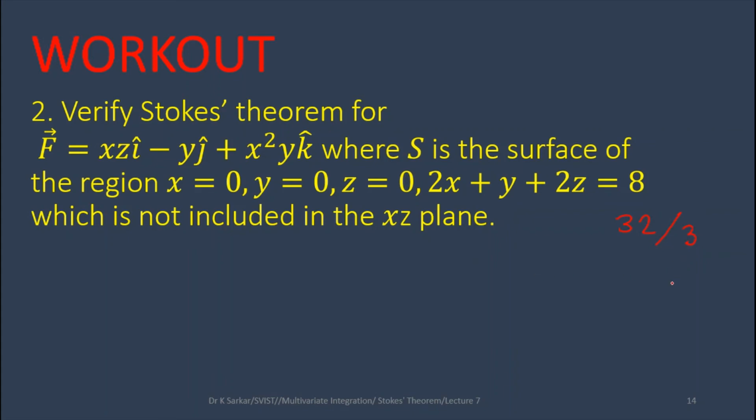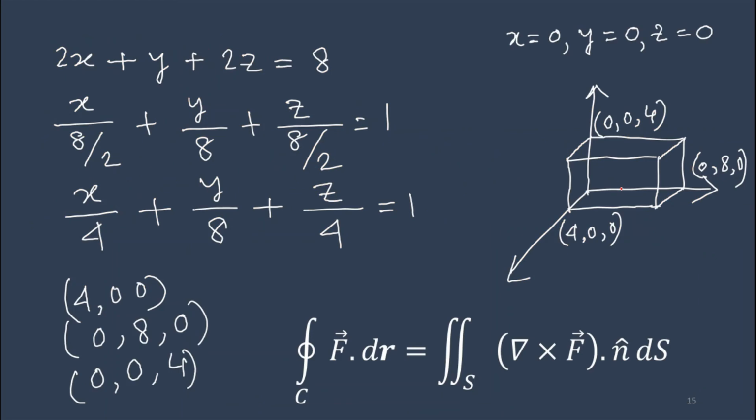Let us find the coordinates of the plane. 2x plus y plus 2z equals 8, and let us form it as x by a plus y by b plus z by c equals 1. So we will get the coordinates as (4, 0, 0), (0, 8, 0) and (0, 0, 4).